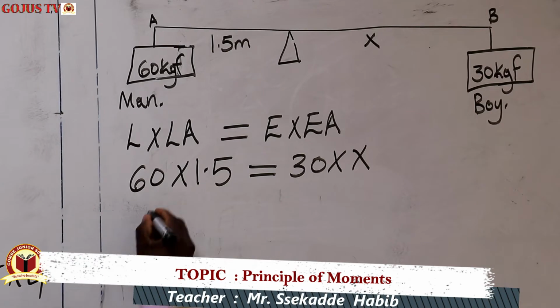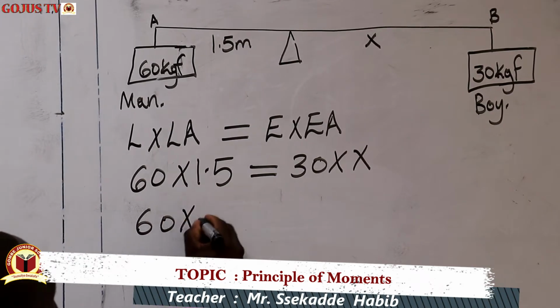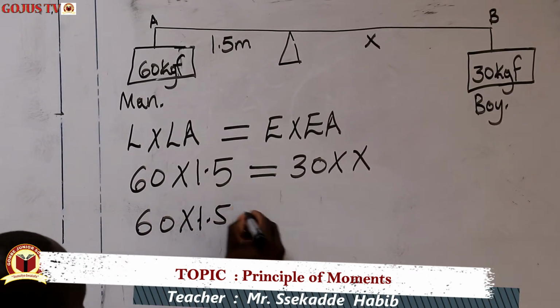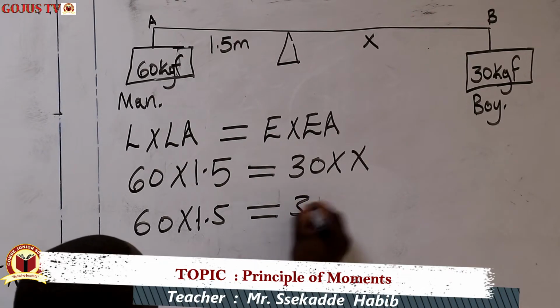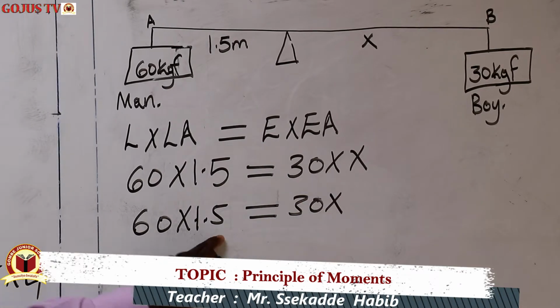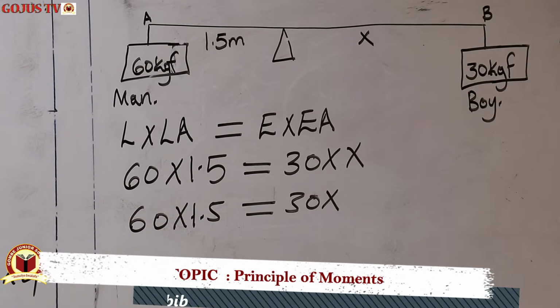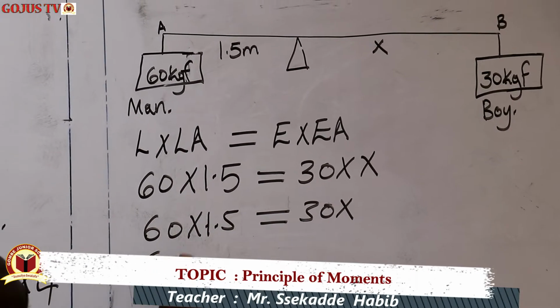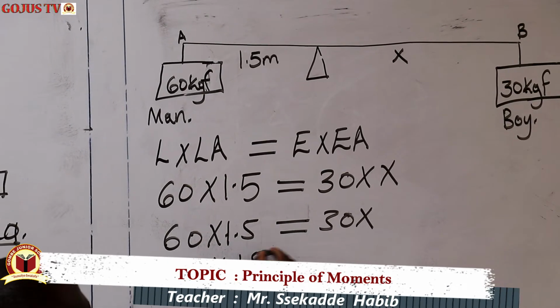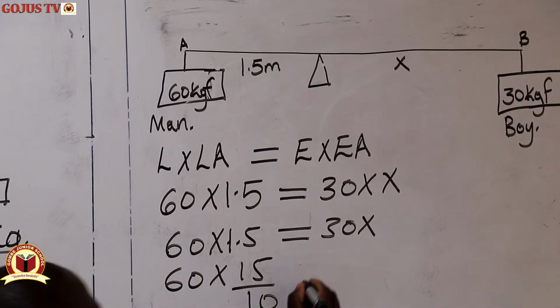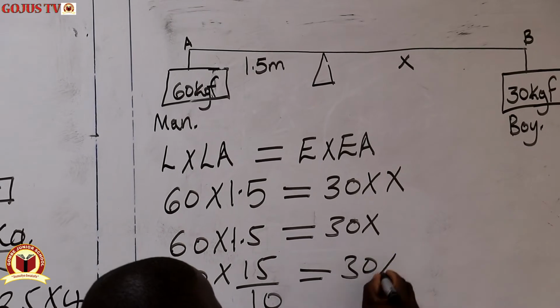So we shall have 60 times 1.5 is equal to 30x. You can see that this is a decimal fraction, which we need to first change to a common fraction. Therefore, we say 60 times 15 out of 10 should give us 30x.